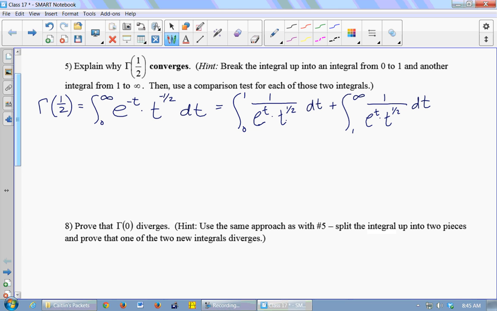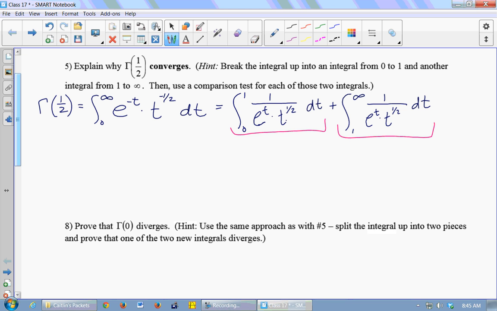Okay, so I have to look at each of these integrals separately and prove that they are both convergent. So if I use a comparison test, we'll look at this guy and this guy separately. So I'm going to compare my integrand, 1 over e to the t times t to the 1/2.